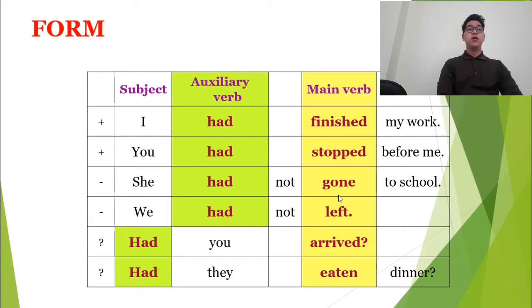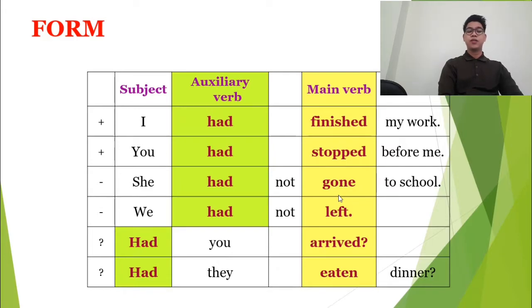As for the form, I just have to explain a little bit. The subjects I, we, they, and so on all use had after the subject, because it's past. For the auxiliary verb, all of them are the same: had. The main verb can be finished, stopped, gone, left, eaten.